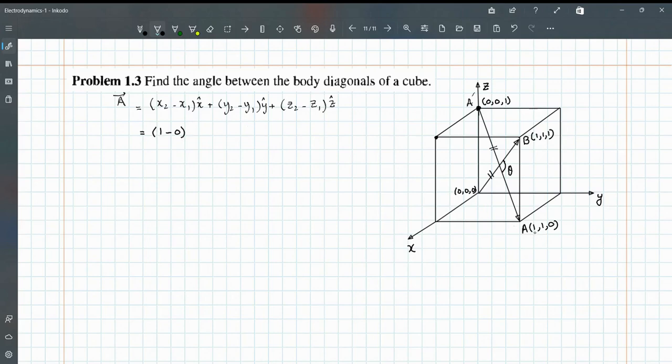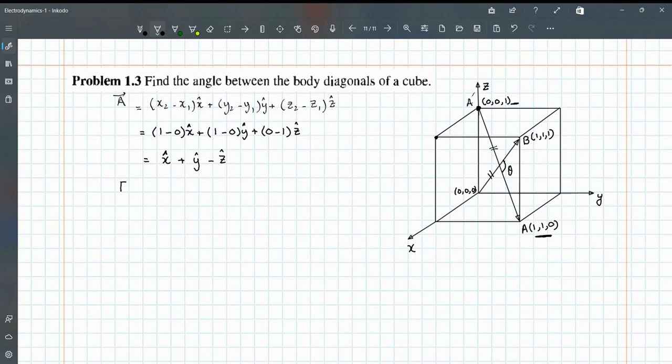As you can see, this is x2, y2 and z2, and this 0 0 1 is our x1, y1 and z1. So I can write 1 minus 0, and z2 is 0, z1 is 1. So for vector A we get x unit vector plus y unit vector minus z unit vector.